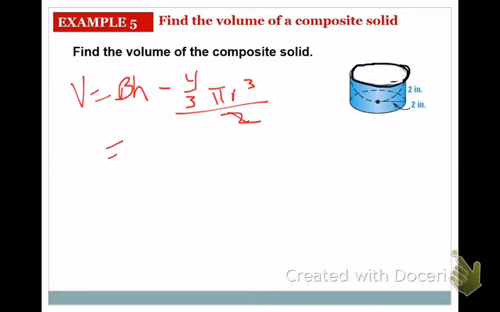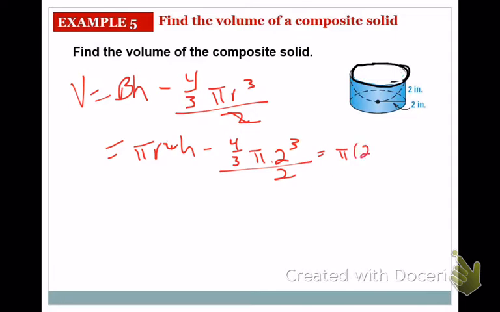So what would that look like? Well, the area of the base of a cylinder is a circle, so we just need pi r squared h minus 4/3. The radius of that hemisphere is 2. And then divide all that by 2 to get the hemisphere. So now it's just a matter of simplifying.